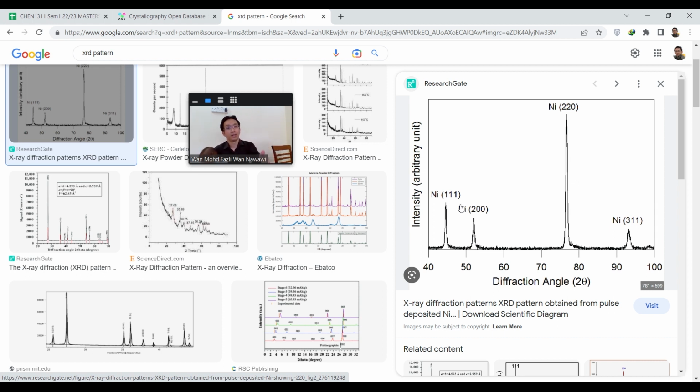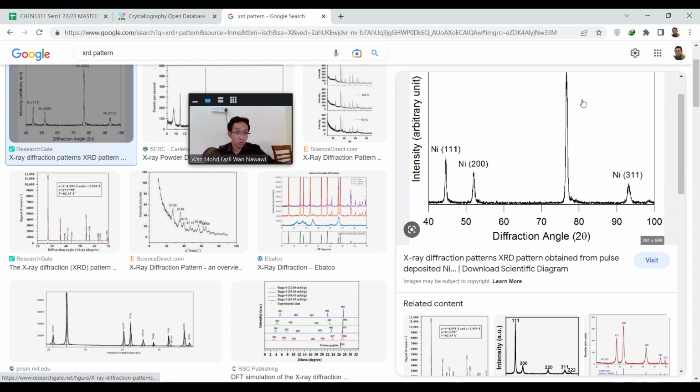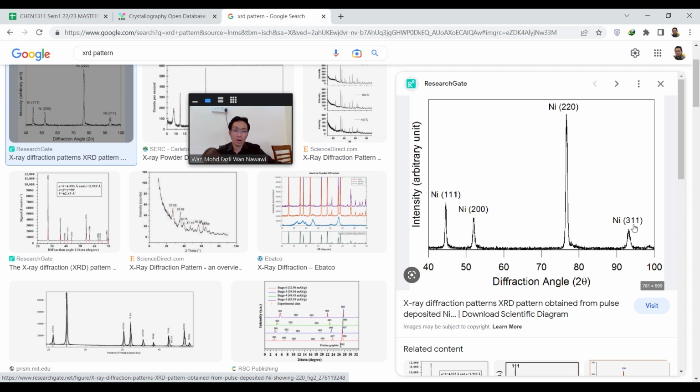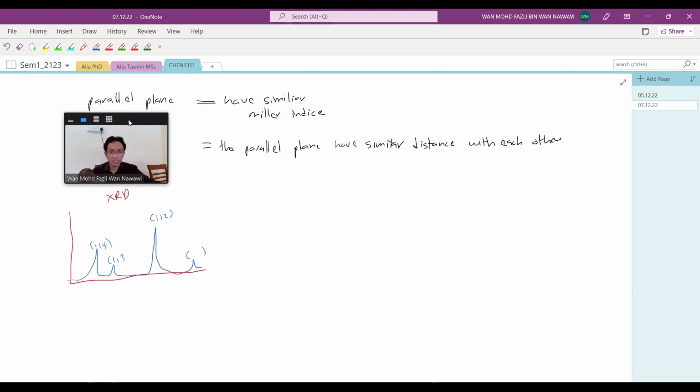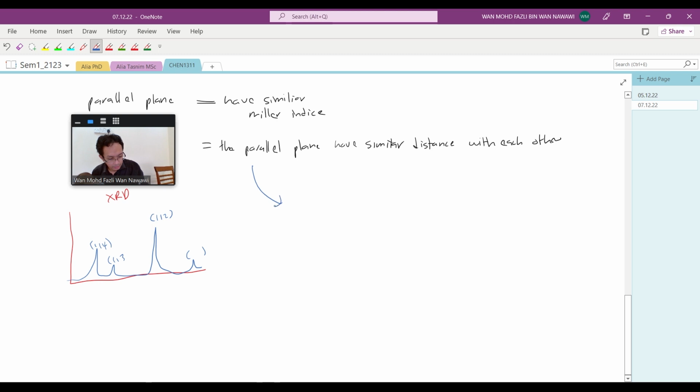This image means that at plane 111, 200, 220 and 311, there is constructive interference, because this relates to the distance, to Bragg's formula.